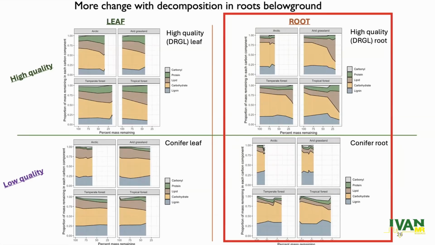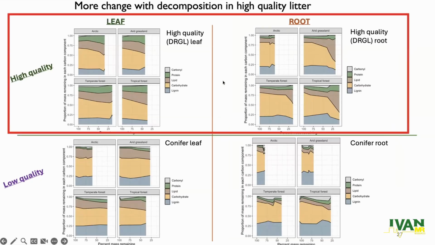So I think the things to see here in general are that we got these big increases in lipids, some increases in proteins, especially below ground. And then again, a bit more change within each of these environments in the high quality than in the low quality litters.